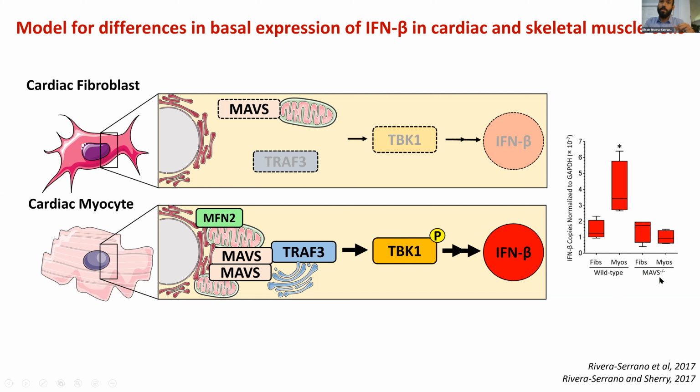But if you do the same experiments in mice that are lacking MAVS, this protein right here, then they look just like any other cell type. So this pathway starting from MAVS is activated in cardiac myocytes, and that's how you trigger and produce interferon. And that interferon itself is protective. So they are better armed to fight a viral infection than a cardiac fibroblast, if you will.